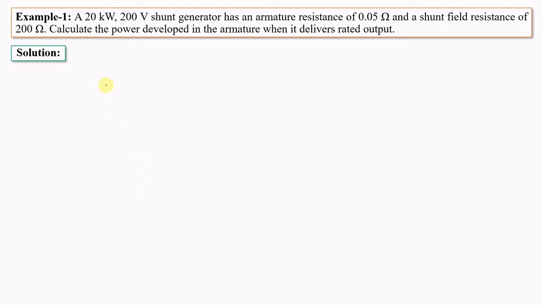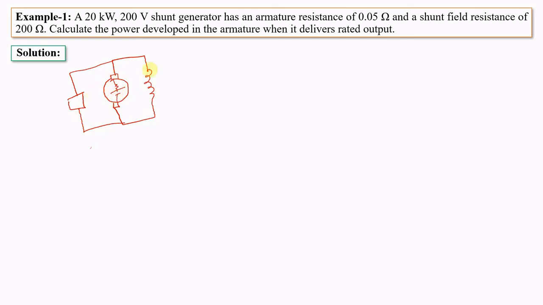First of all, we'll draw the circuit diagram for the shunt generator. So let's say this is the armature. Field winding is connected across it and the load is connected here. So this is the armature winding resistance.